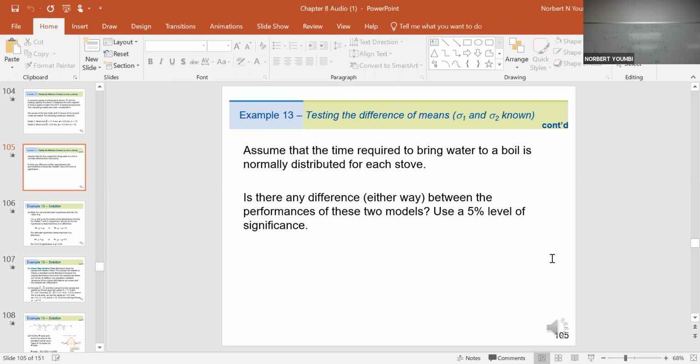So that's a 4, so change that to 11.2. What is the p-value? 0.2.